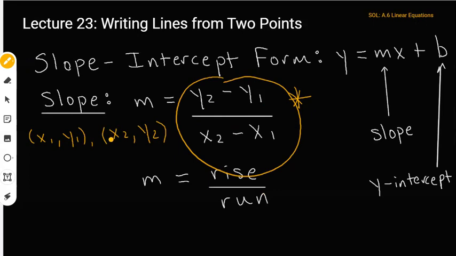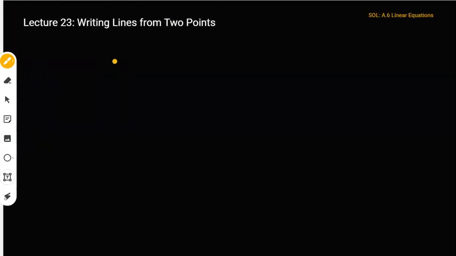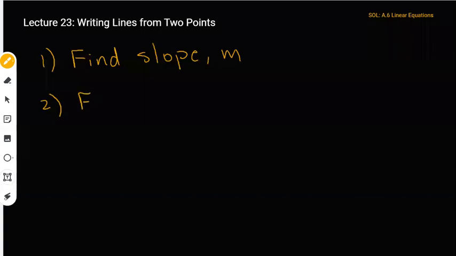We're going to be doing this in 3 different steps. The first step that we're going to do is we're going to find the slope, m. After that, we're going to find the y-intercept, also known as b.